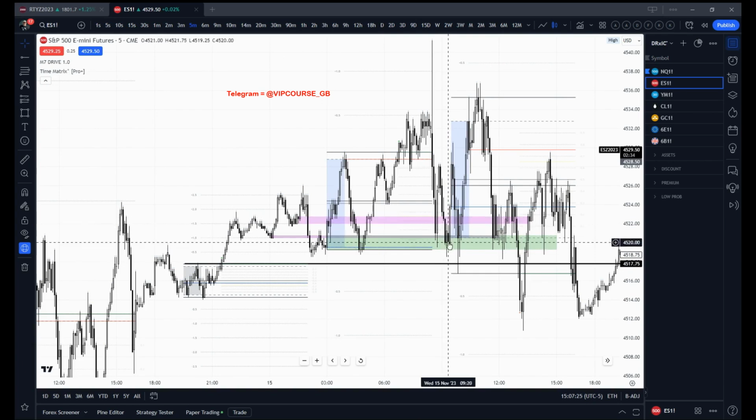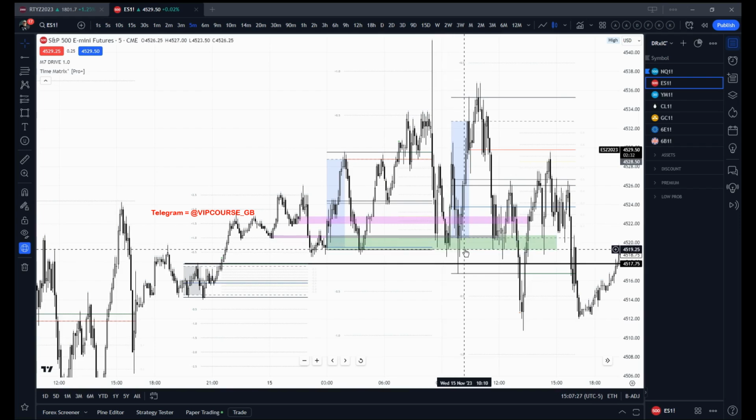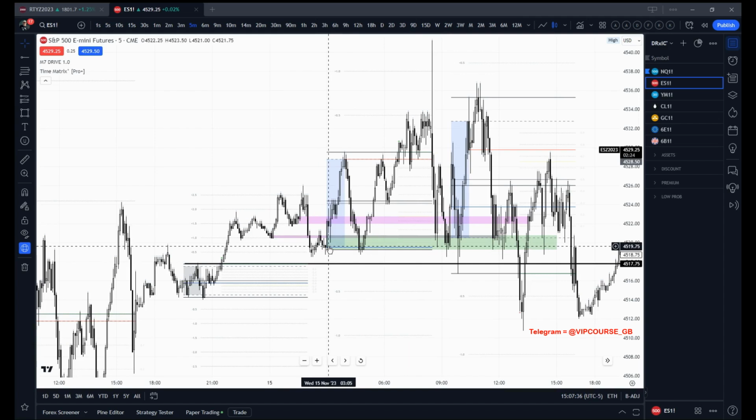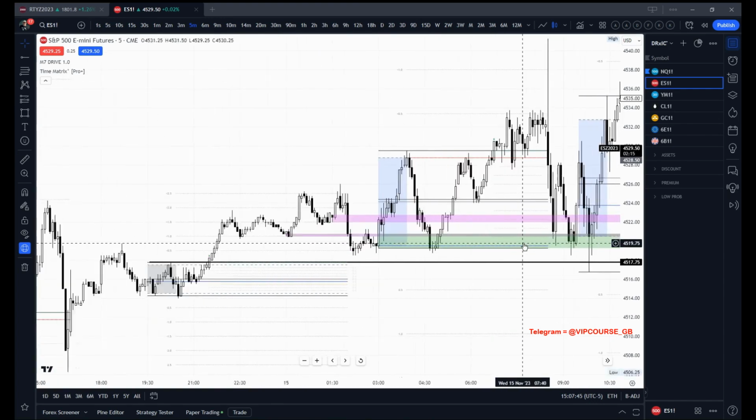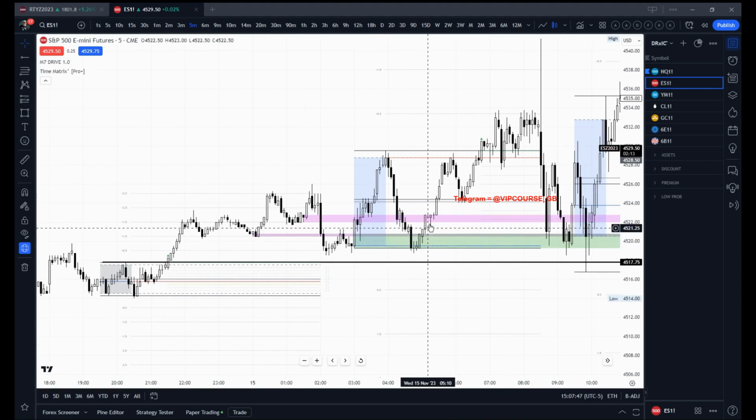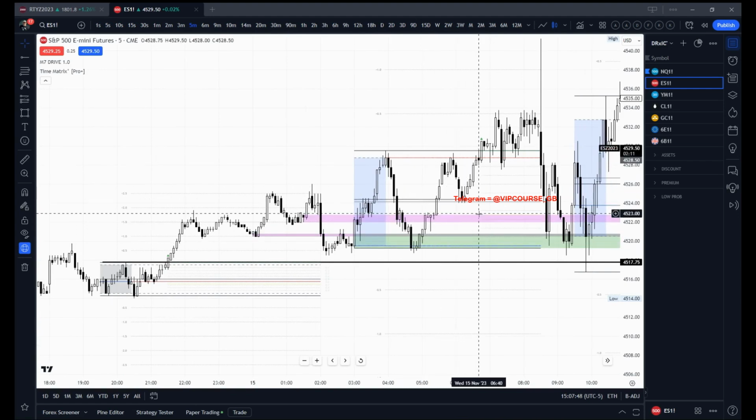The 910 rejection block, price respects the CE. Am I maybe looking at that? Yeah, I'm also looking at how its relationship is to midnight and to the 3 o'clock price. Interesting. And the 130 price. Look how price comes off of the midnight, the 3 o'clock, and the 130 price. That's interesting, Kit.